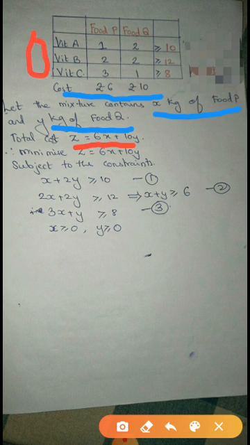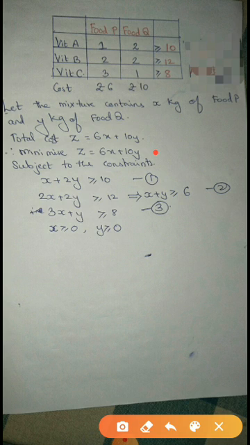Minimize z equal to 6x plus 10y, subject to the constraints x plus 2y greater than or equal to 10, 2x plus 2y greater than or equal to 12, that is the same as x plus y greater than or equal to 6, then 3x plus y greater than or equal to 8, and x greater than or equal to 0, and y greater than or equal to 0.